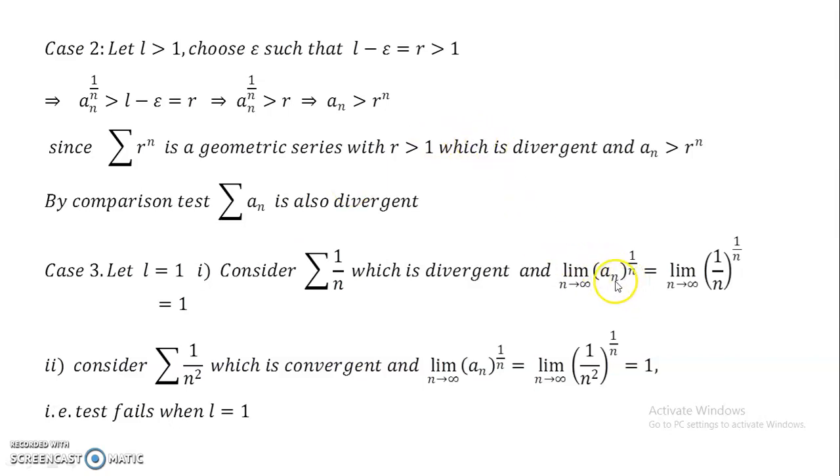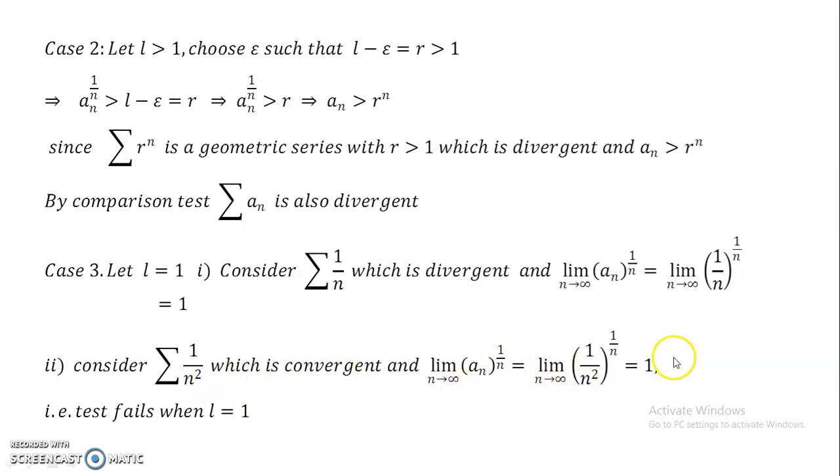If you take an^(1/n) as n approaches infinity, that is (1/n)^(1/n), which gives 1. And also we consider the P series Σ 1/n^p with p greater than 1, which is convergent, and there too the limit is 1. That's why the test fails when L equals 1.